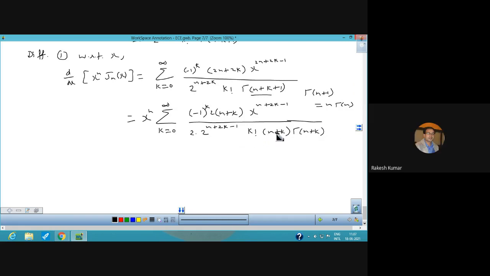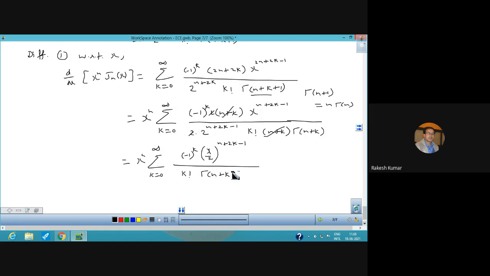Why are we doing so? n plus k can be cancelled, and these two can be adjusted with this two, and you will have x^n, summation k is 0 to infinity, (-1)^k (x/2)^(n+2k-1), divided by k factorial gamma(n plus k).